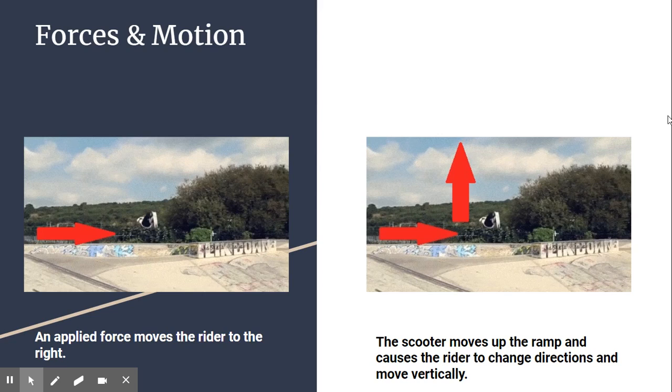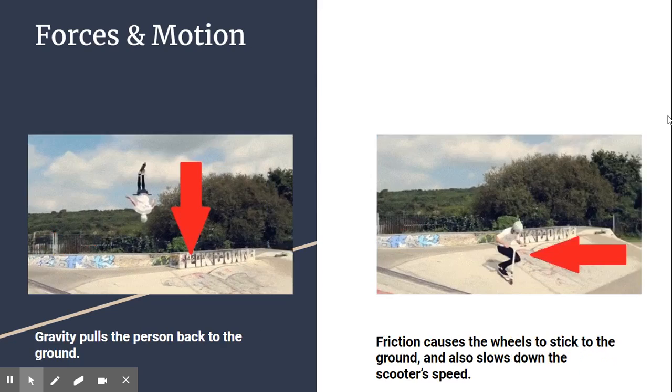As that scooter goes up the ramp, a force from the ramp is applied to the scooter and to the person, and that causes them to move upwards, and their direction changes, and they start to move vertically as opposed to horizontally. In the next section, they reach the top of their height, and they start to fall back down to the ground. This is a force called gravity pulling them back to the ground.